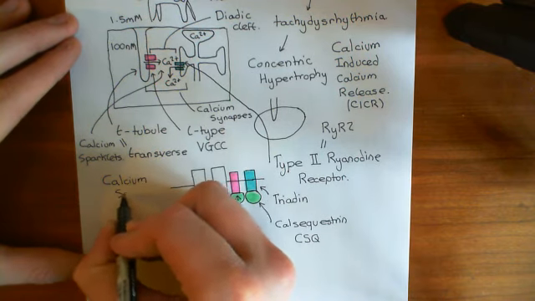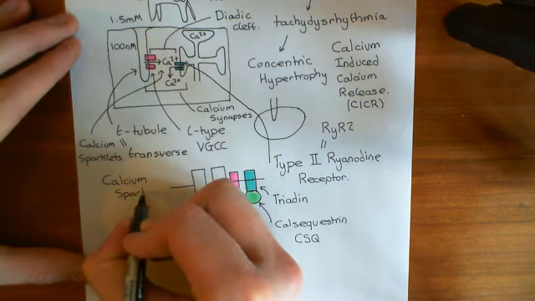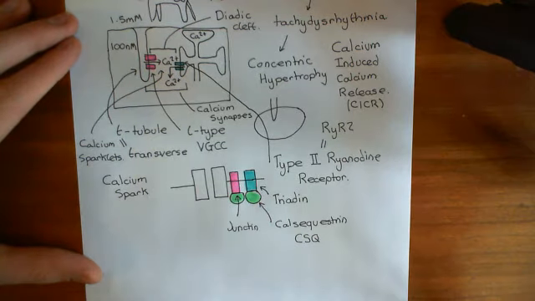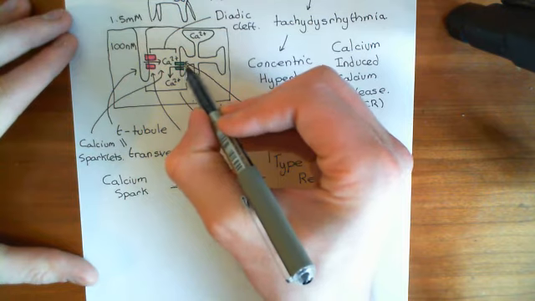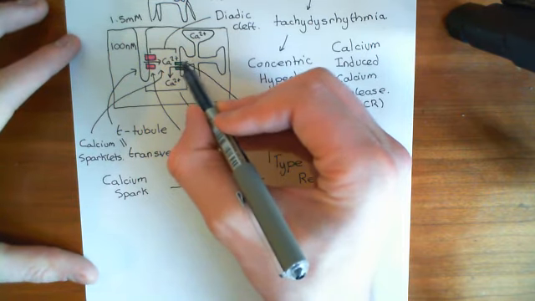So the calcium sparklet is the little calcium signal coming through the L-type voltage-gated calcium channel. It acts via calcium-induced calcium release to cause the calcium spark, which is a much bigger calcium signal. In addition, you also have one final signal which I want to give you the name of, which is when the calcium level in the SR goes down.